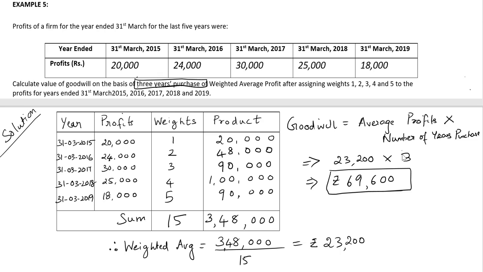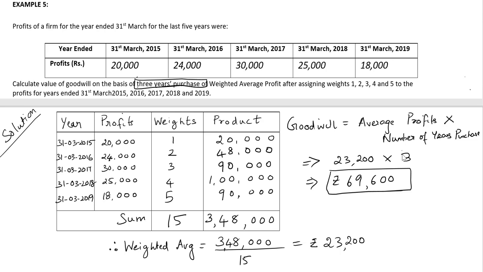And the final column, product column, was the profits column, second column into the third column. Then we ascertain the sum of the weights and the sum of the product. The weighted average is equal to the sum of the product divided by sum of the weights. And to get the goodwill, we took the weighted average and multiplied by the number of years purchase.